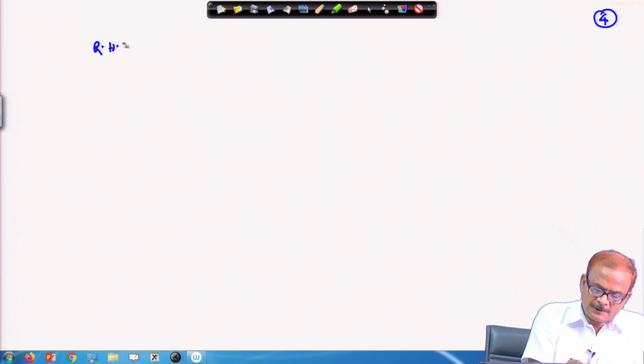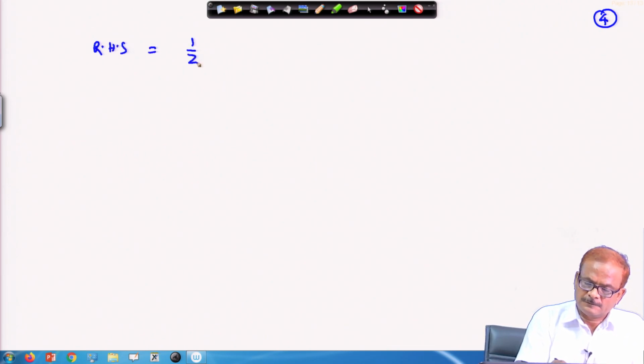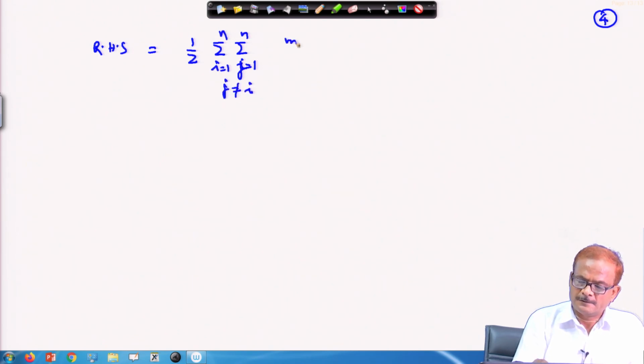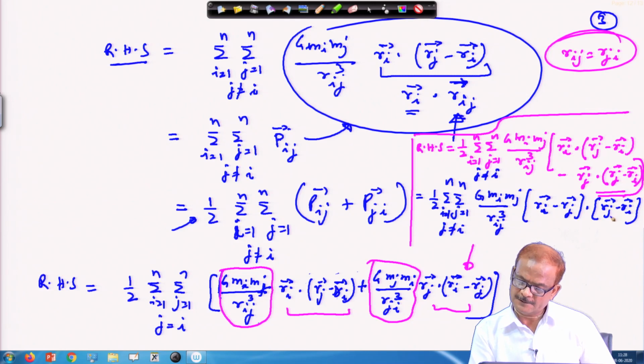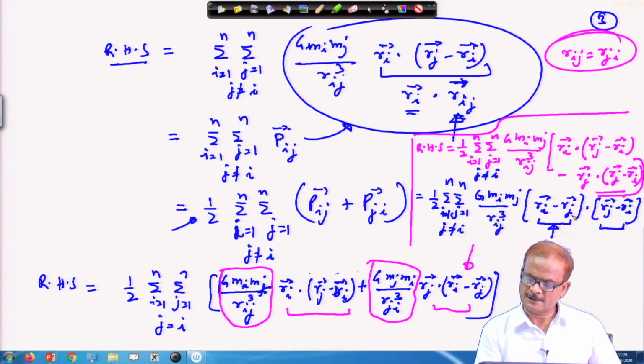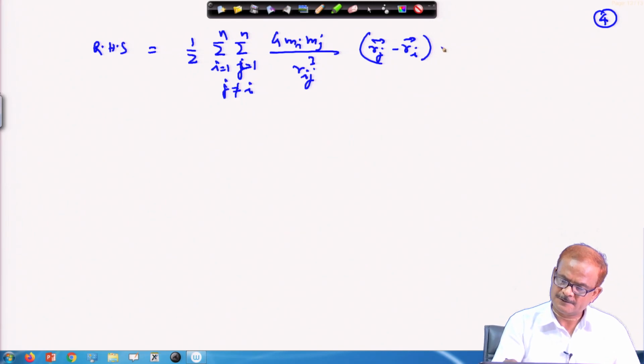So, therefore, the RHS then becomes 1 by 2, j equal to 1 to n, I equal to 1 to n, j not equal to I, m I m j g over r I j whole cube, and r j minus r I, and here we have r j minus r I. One is r I minus r j, another one is r j minus r I. So, this sign we change here, and make it r j minus r I. Unnecessarily one step we have to take more.